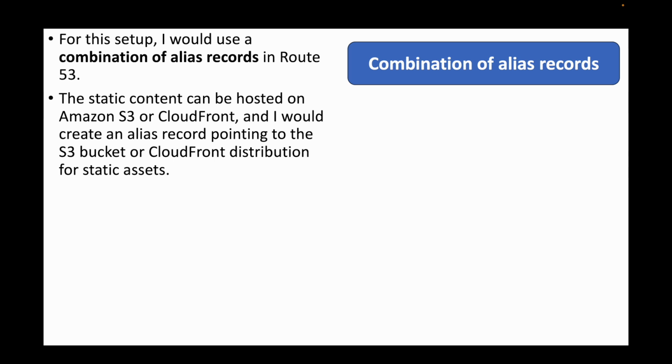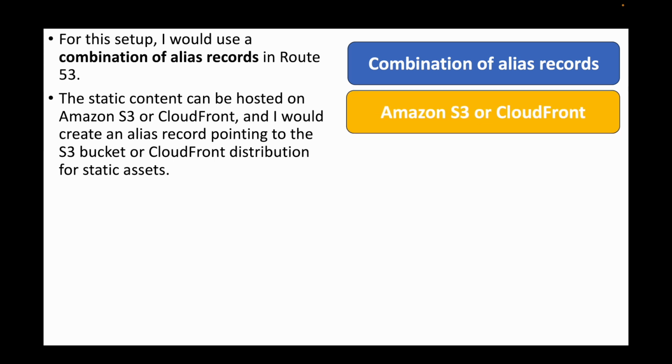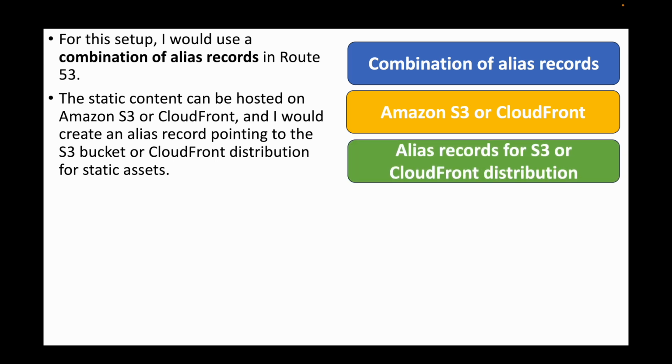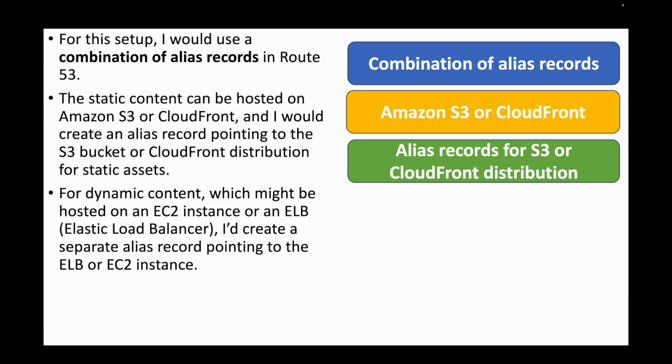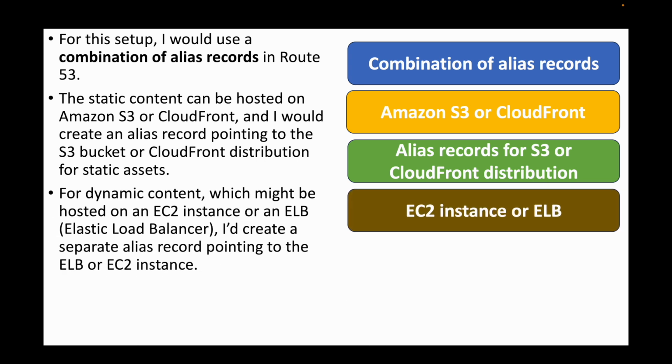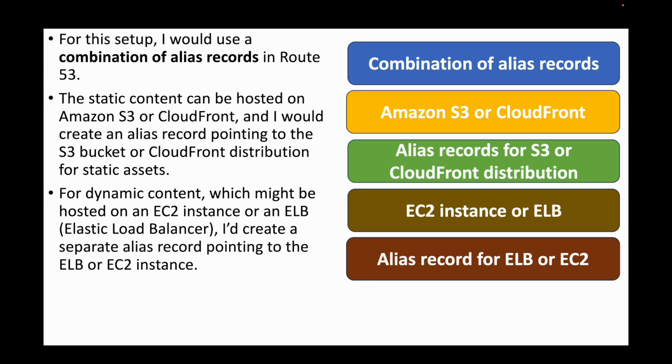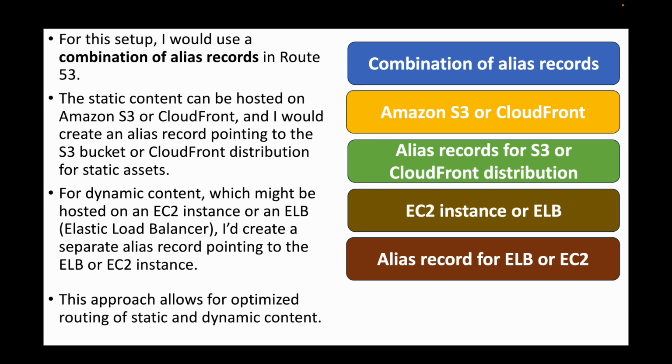So for your static content, you can make use of Amazon S3 buckets or a CloudFront distribution, and you will be creating these alias records pointing to this S3 bucket or your CloudFront distribution for basically your static assets. And for your dynamic content, you will be hosting them on an EC2 instance or behind a load balancer, and then you will be creating separate alias records for this ALB or EC2 instance in your Route 53.